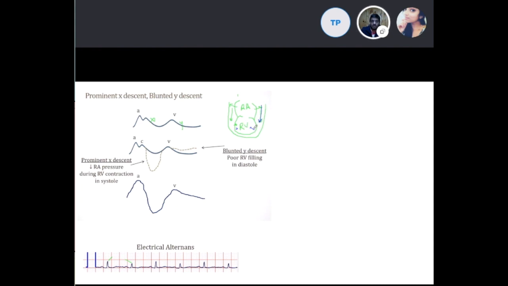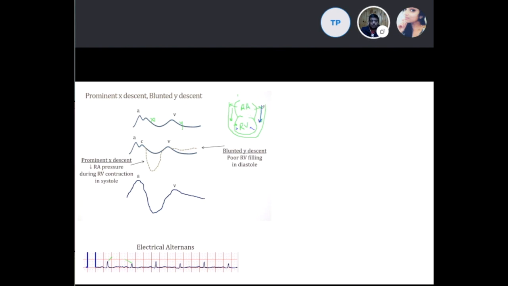So more fluid will be able to come down here. That means less surrounding the right atrium on the top, and that will allow the right atrium to relax even more. So this right atrium will have the ability to expand out, and that's why you get a much deeper X descent. Okay.